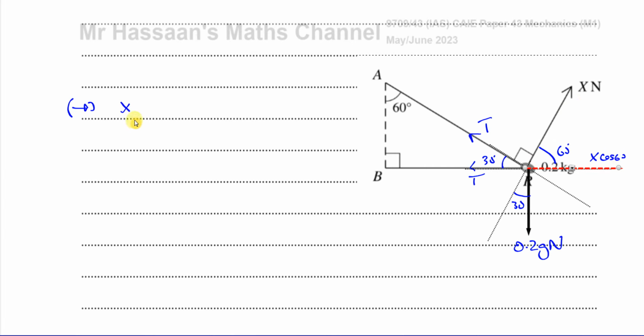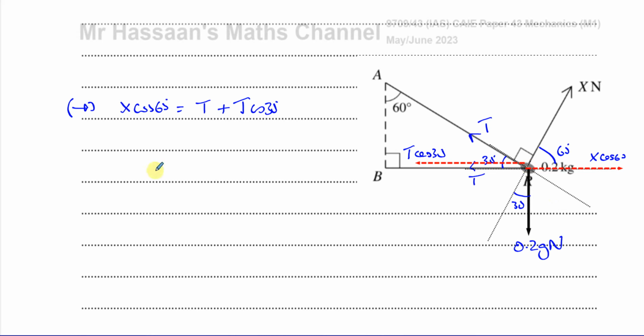So that's x cosine 60, the only force acting in that direction, is equal to you've got this T here, plus this T times, again, cosine 30 this time. This will be T into the angle, so that's going to be T cosine 30. So that's T plus T cosine 30. The weight doesn't have any component in that direction.